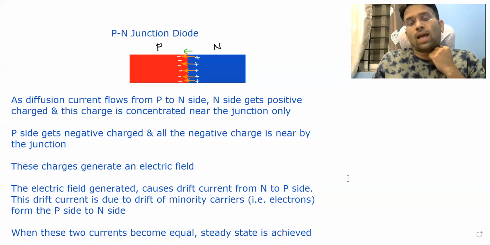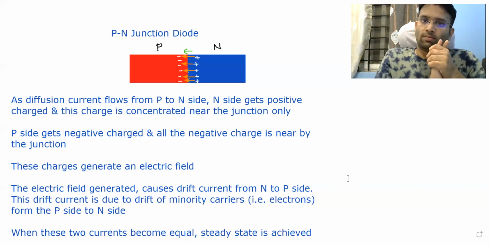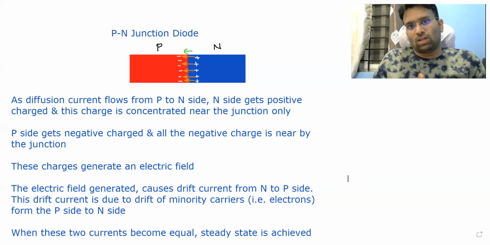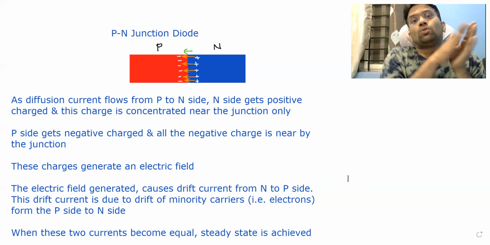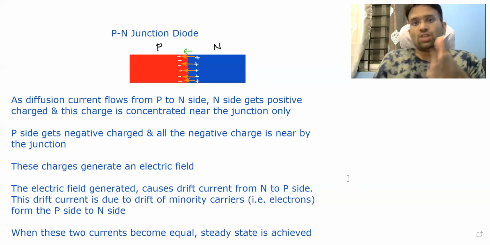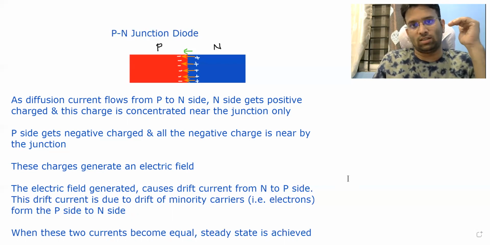And actually speaking, one more thing you should understand: as electrons come from N to P side, nearby the junction the concentration of electrons on N side decreases because they have jumped to P side. So initially concentration is high, so diffusion current is high. Now the high diffusion current lets the electrons go from N to P side.